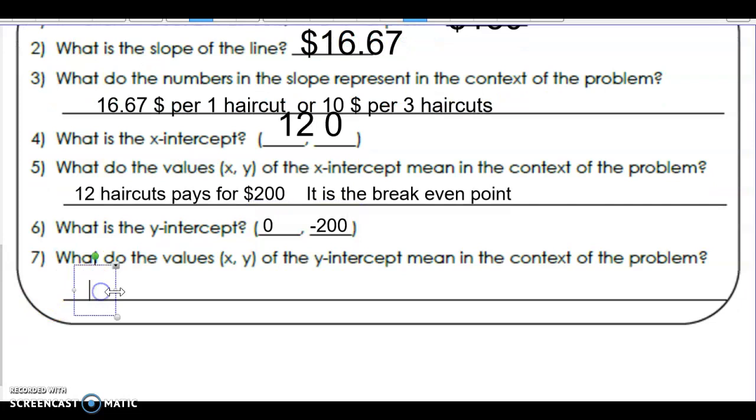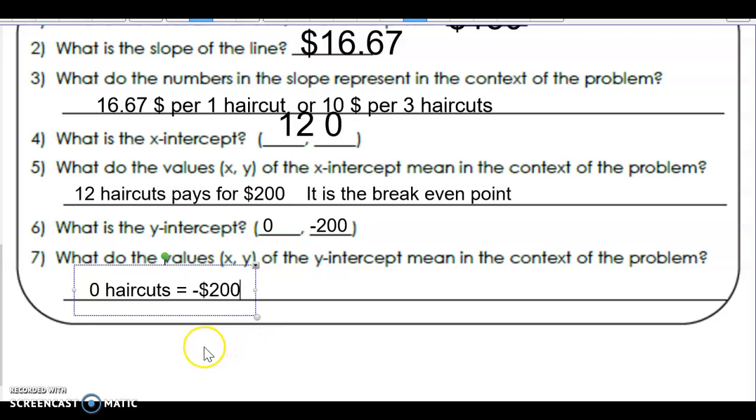The x and y values of the intercept mean, in the context of the problem, that 0 haircuts equal negative $200. So if she doesn't do any haircuts, she's lost the $200.